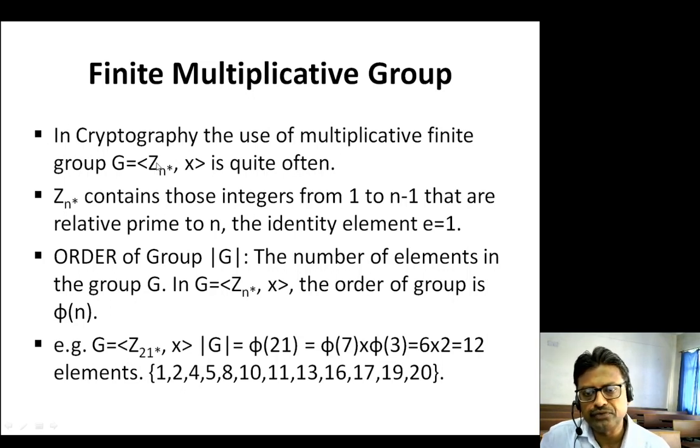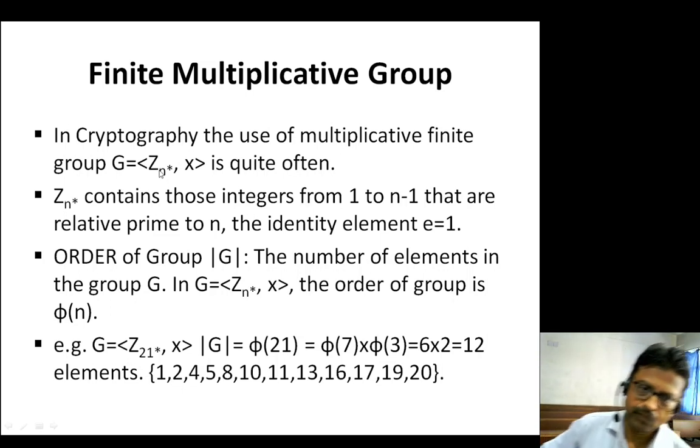Zn star is a set of integers for a certain value of n, and this set contains only those elements which are co-prime with n, or in other words, the elements of this Zn star will be only those elements which have multiplicative inverses.